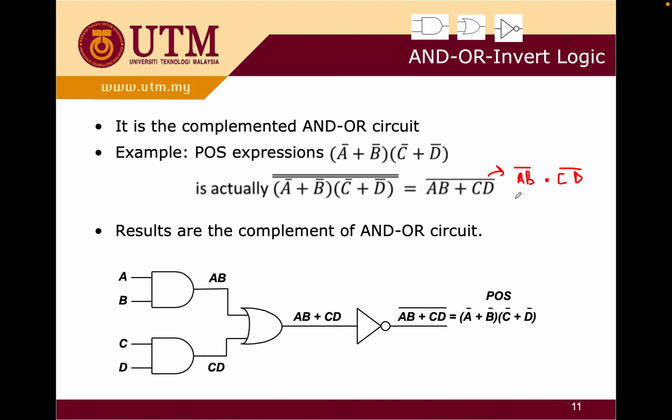Next, you're going to have A plus B bar, and you have another one which is C bar plus D bar. This is also using your De Morgan theorem. So that's why, in terms of AND-OR-INVERT, it's supposedly the expression of POS.